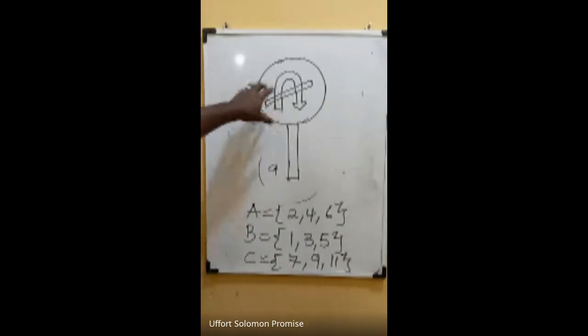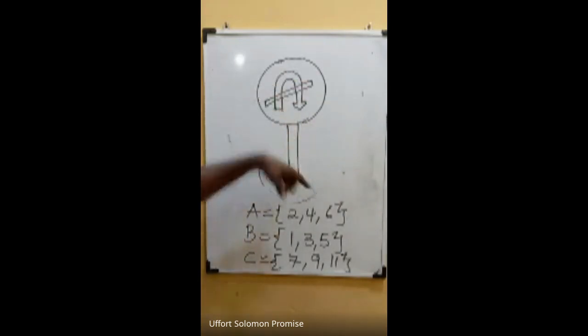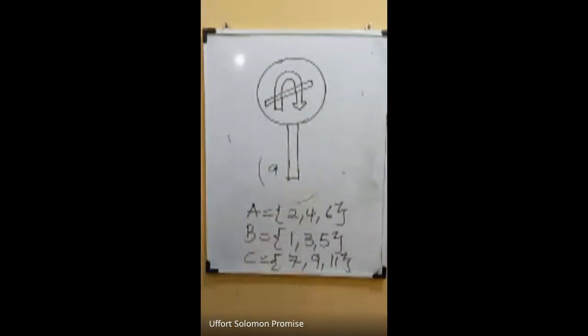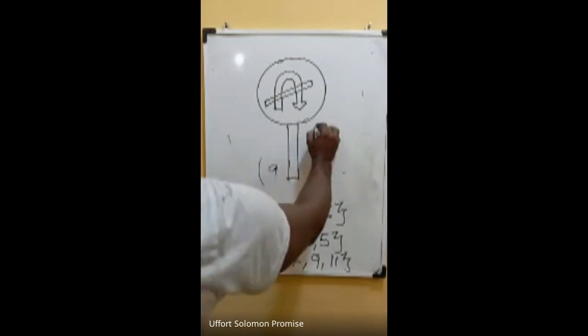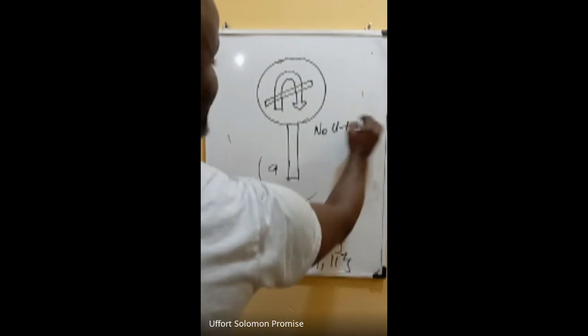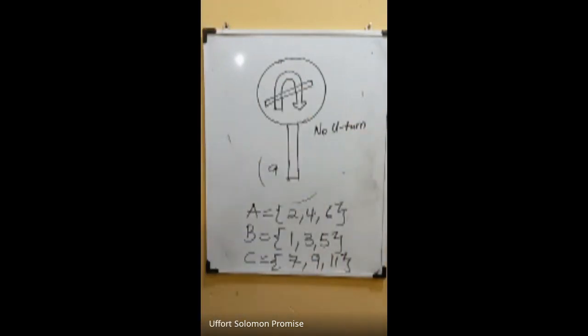We are not in driving school, but what this means is no U-turn. Even if they don't write it, usually if you see those signs, they will never write the interpretation. We are expected that once you see this symbol, you should know not to try a U-turn there.